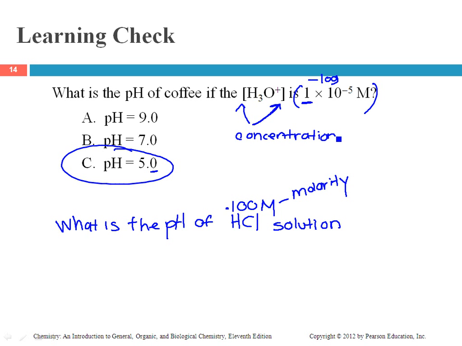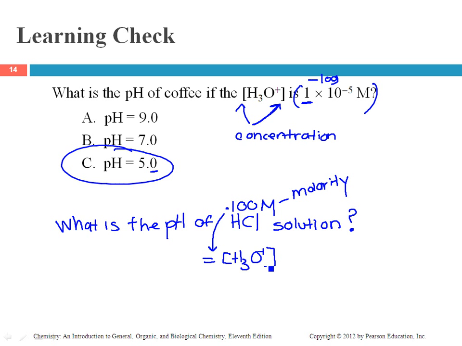But if we wanted the pH of a 0.100 molar HCl solution, what we can do is this number here, our molarity, is equal to our hydronium concentration.